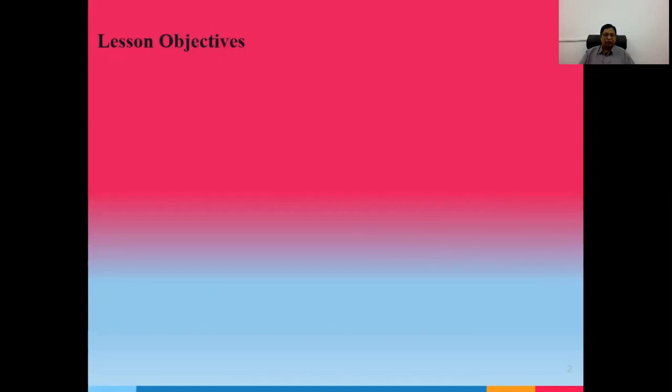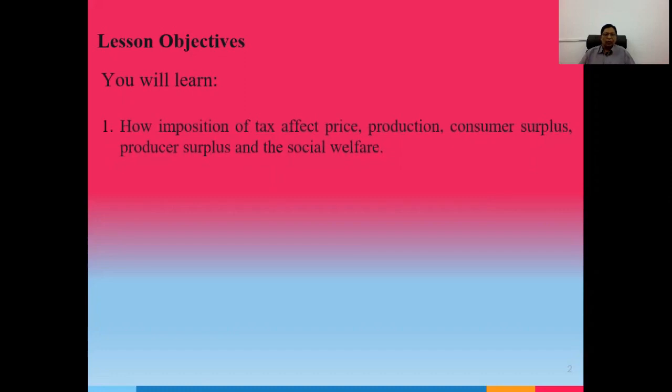Lesson objectives. You will learn how imposition of tax affects price, production, consumer surplus, producer surplus, and social welfare. We will discuss economic implications of tax on production, consumer surplus, producer surplus, and social welfare or deadweight loss of tax.